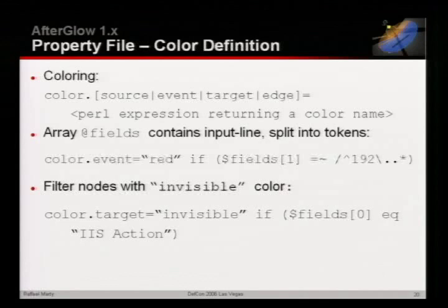In that case, I would make the node red. And you can do all kinds of things here. It's really just doing an eval on this Perl expression. So whatever you want to do, you can read from files and all kinds of things. Then if you want to filter the nodes, you just use color.invisible. Same idea. You say invisible, then if the first column equals IIS action, it won't be shown.